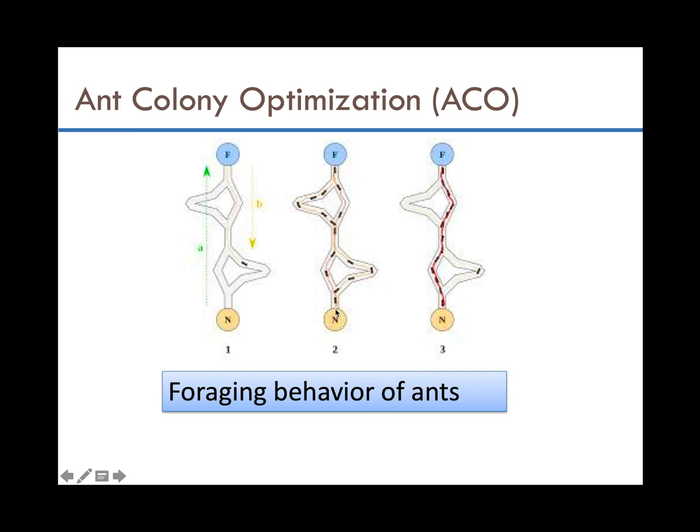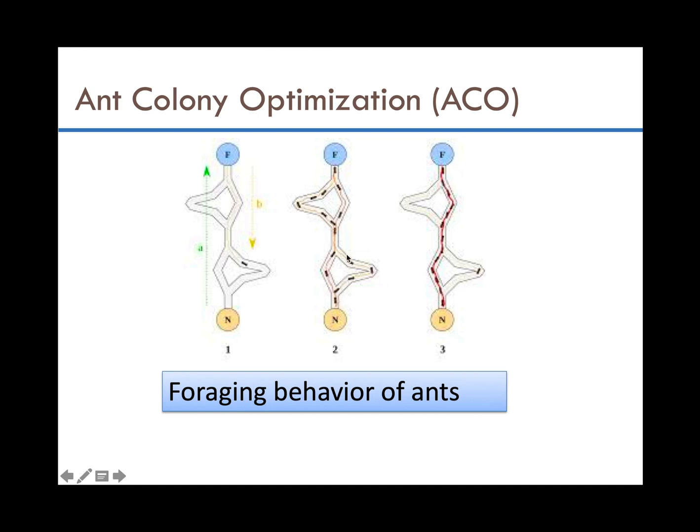During this movement, they always deposit pheromone on the path, and this pheromone has the property that it evaporates with time. So the longer paths will have a higher evaporation rate, and the shorter paths will have a lower evaporation rate. The next time the ants start from their nest, they will give more probability, more chance, to move on the path which has a high concentration of pheromone.